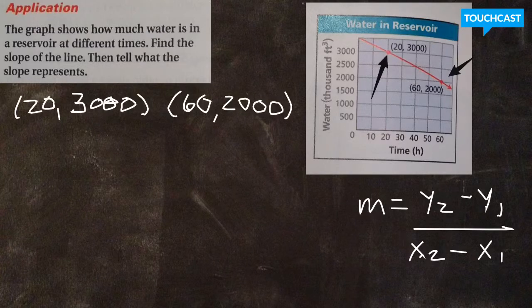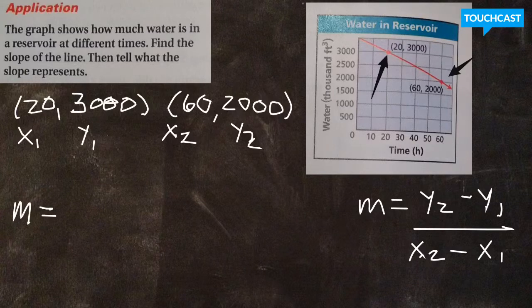Alright, so let's call 20 our x1, so 3,000 is our y1. 60 is our x2, 2,000 is our y2. So we can plug some values into our formula.